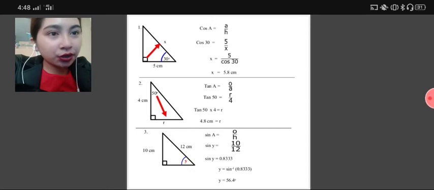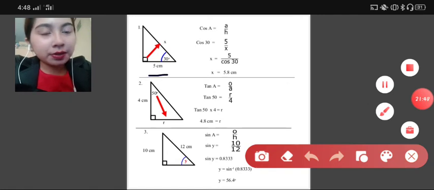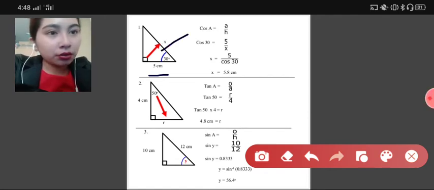So cosine 30 is equals to 5 centimeter, which is the adjacent, and x for the hypotenuse. So x is equals to 5.